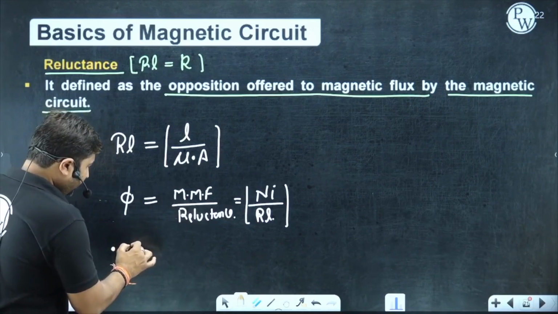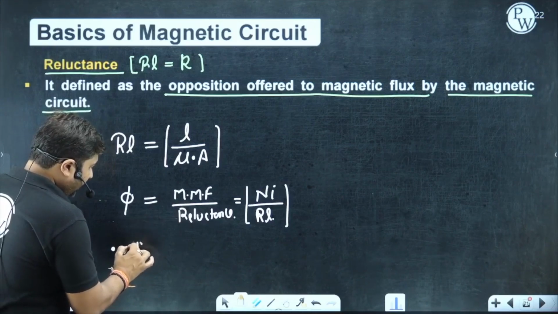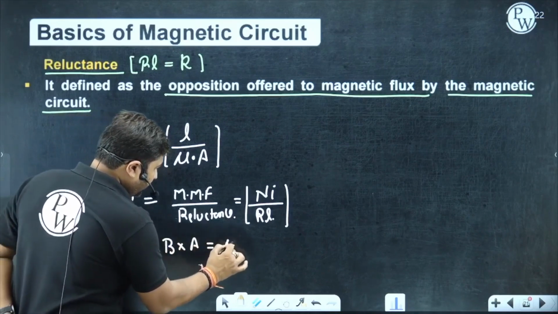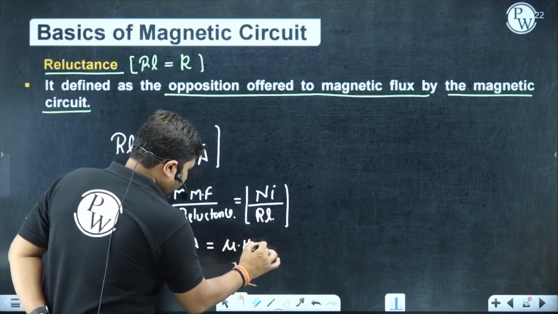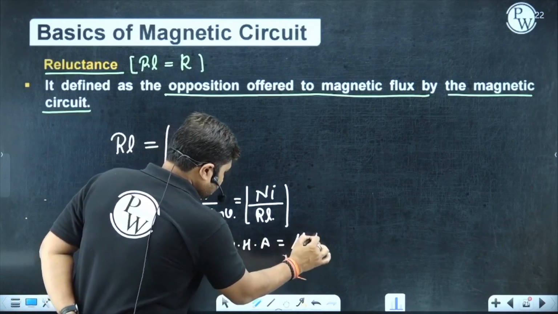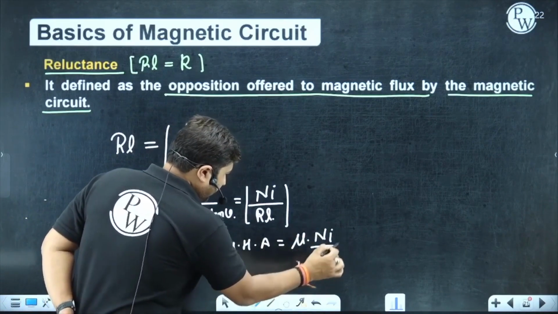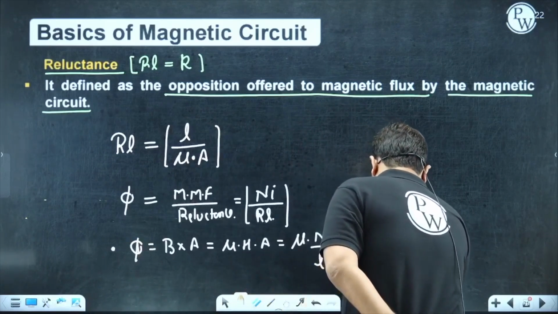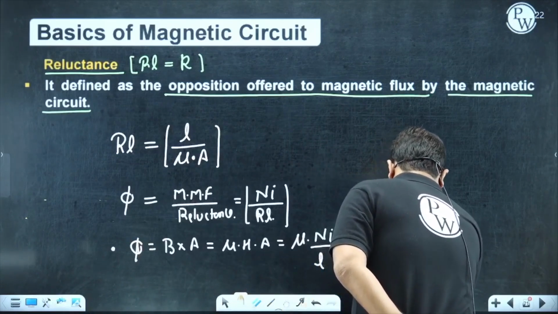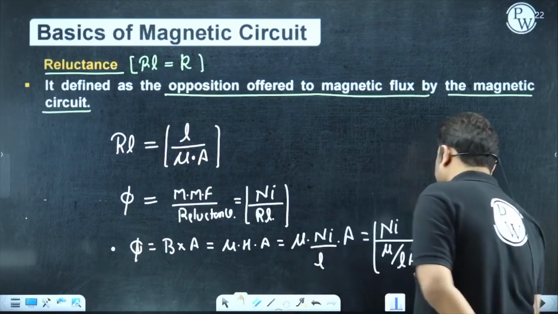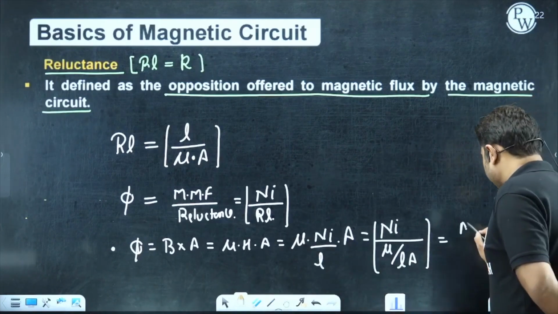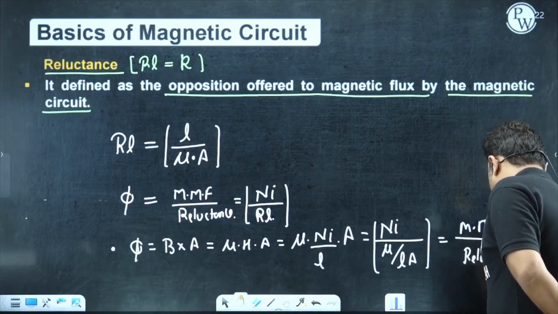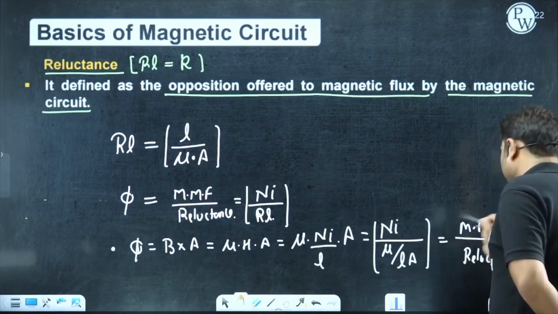Yes, sir. Further, we can represent phi as B into A. So B is mu into H into A, and H is represented as Ni by L, so you can represent it as Ni by mu upon L into A. That we can call MMF upon reluctance.